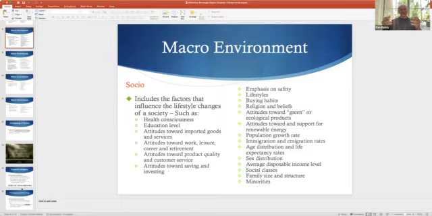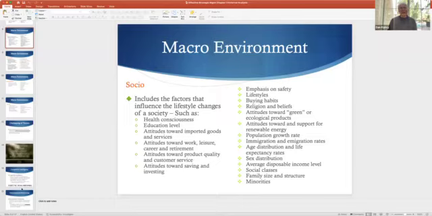What is their attitude towards saving and investing and safety? What kind of lifestyle does that societal group have? What are their buying habits, their beliefs and religion? Attitudes toward green or ecological products, attitude towards support for renewable energy.